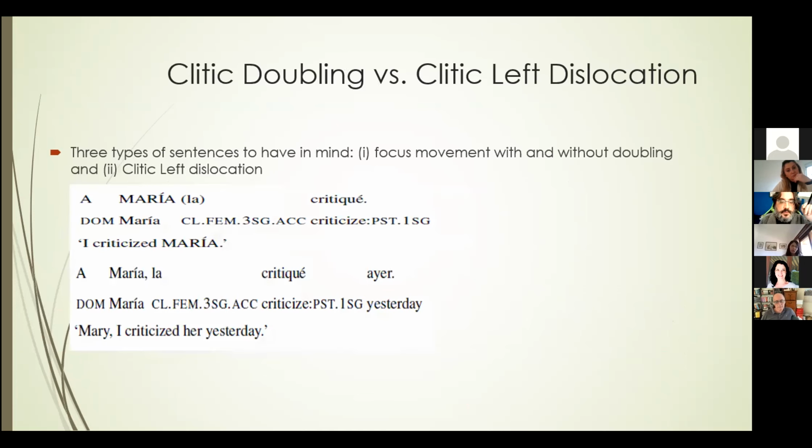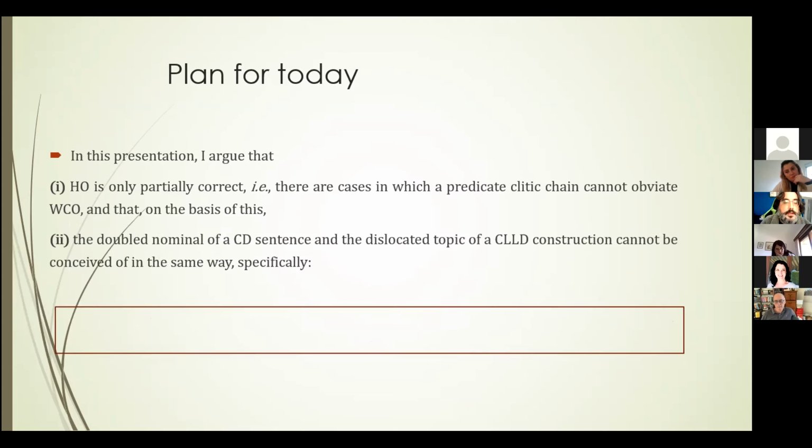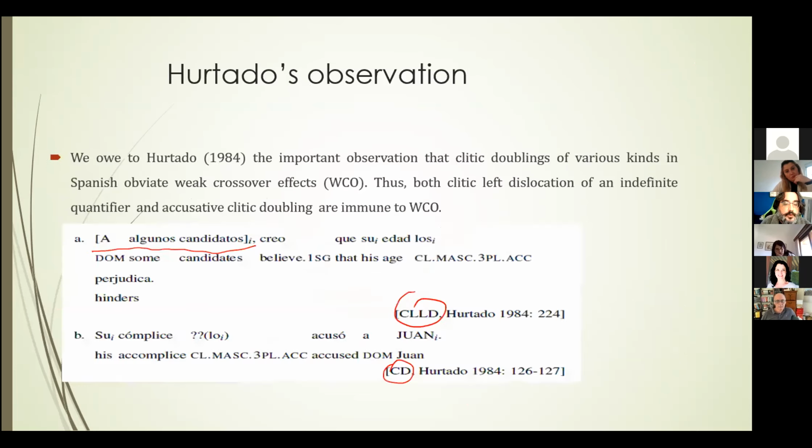This is the type of base sentence that we have to have in mind. If you remember, let me go to Hurtado's original example. There is a problem with this example. Su cómplice lo acusó a Juan. Not every Rioplatense Spanish speaker accepts this sentence because it has a sort of cataphoric effect, right?